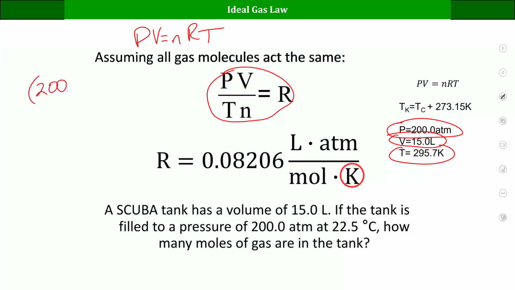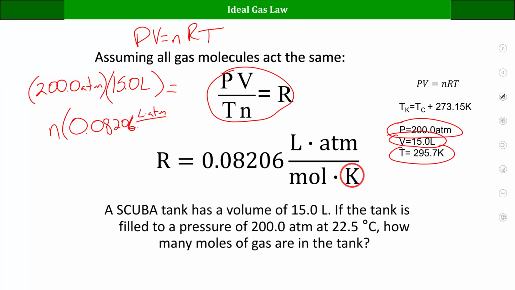So 200.0 ATM times 15.0 liters equals moles, which is what we're trying to solve for, times 0.08206 liters atmospheres per mole Kelvin. And our temperature in Kelvin is 295.7 Kelvin.